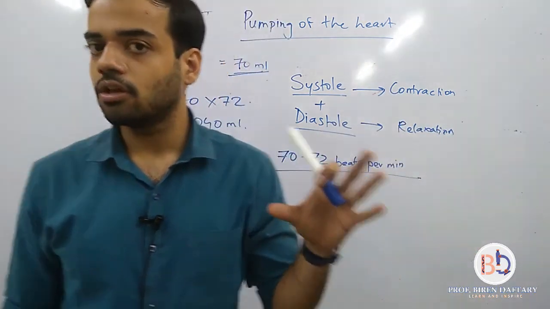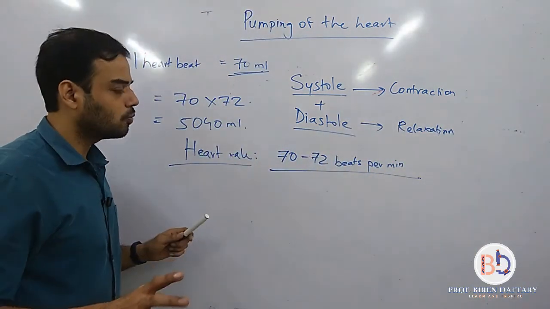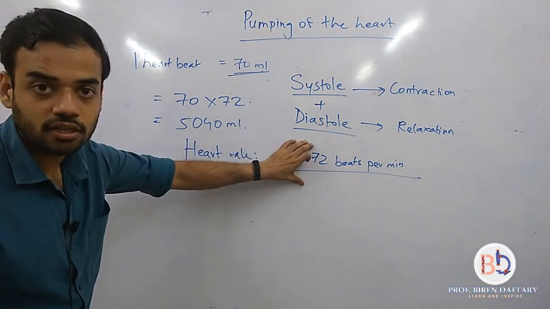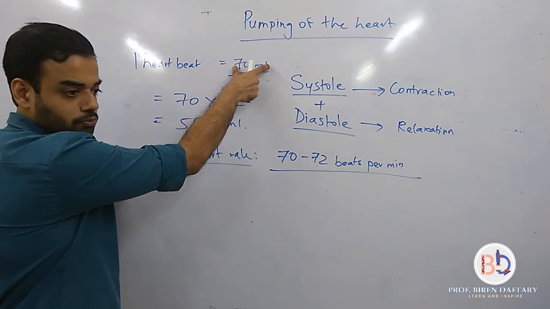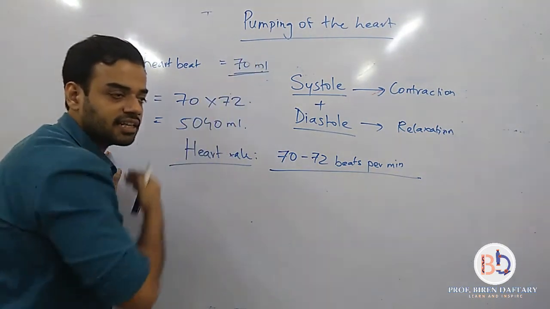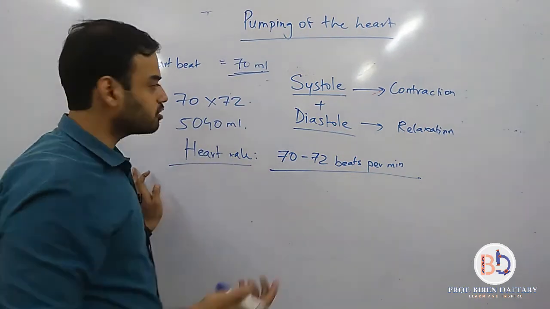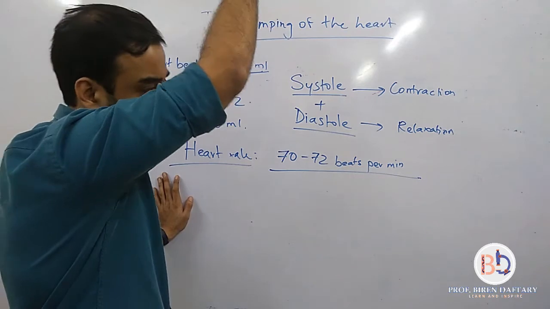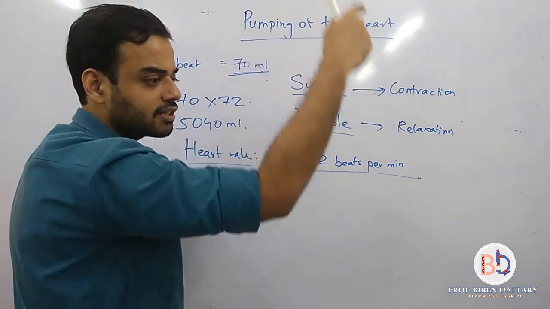Just imagine. Okay, now this is called as heart rate. This volume of blood pumped by either the left ventricle or the right ventricle, because the same blood from the right ventricle is going to the lungs, it is going to enter the left atrium and enter the left ventricle.